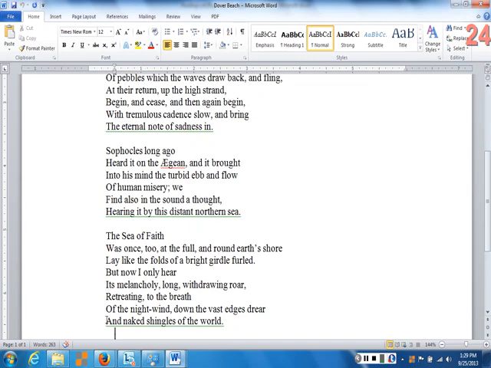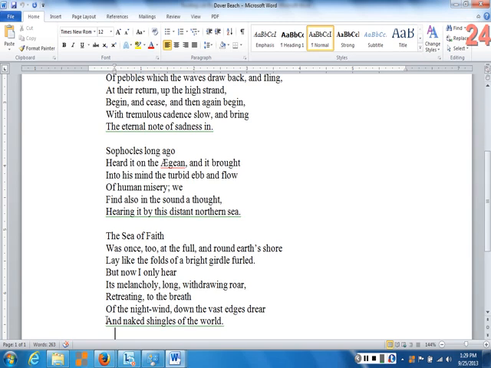What about subject then? Well, you can see the sequence, right? From description of the landscape to the note of sadness, and then to Sophocles hearing that note of sadness, and then the speaker and those around him, we people in general, hearing in that note of sadness the thought of the sea of faith.